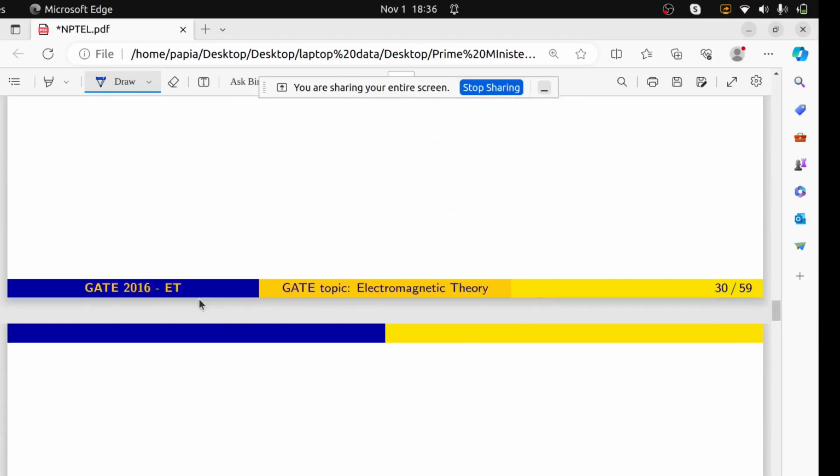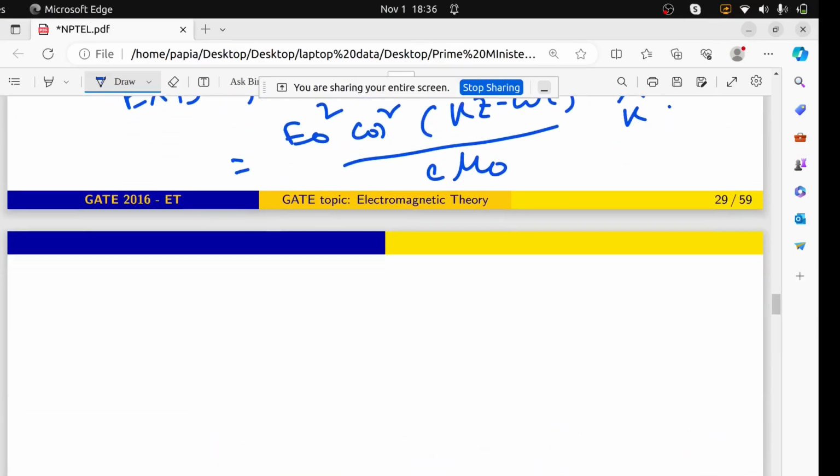So what is the relation between C and mu naught? C is equal to 1 by root over mu naught epsilon naught in vacuum, if I am talking about vacuum. In that question also you can see that they are asking that the electromagnetic field will be traveling in vacuum only. So for vacuum, C will be 1 by root over mu naught epsilon naught.